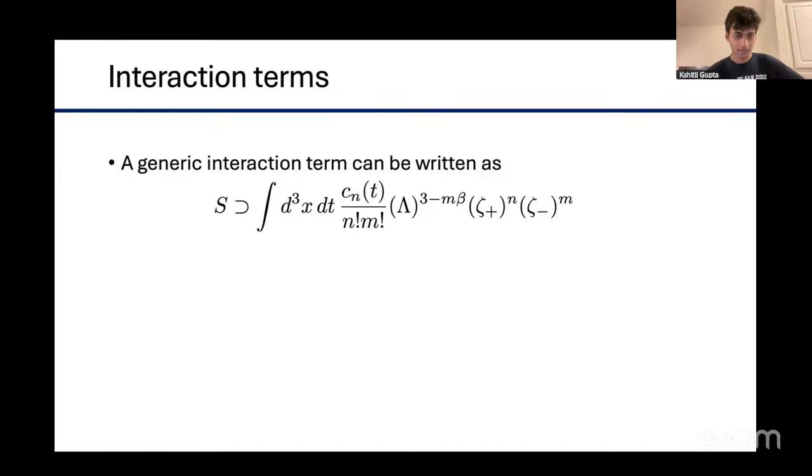Okay, so let us quickly understand the interaction terms. In general, because zeta plus and zeta minus are the only 2 degrees of freedom, we can have any powers of them, and we can have the cutoff to the power 3 minus m beta.